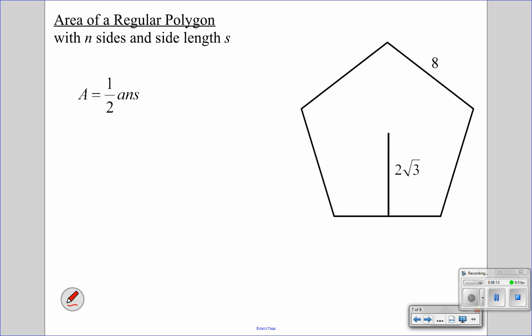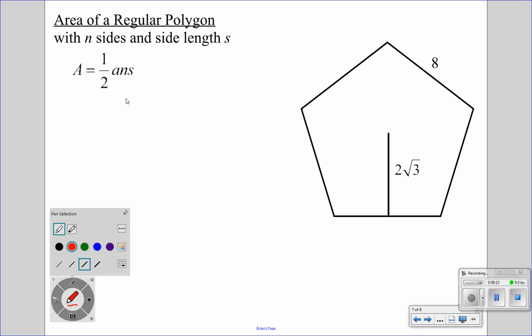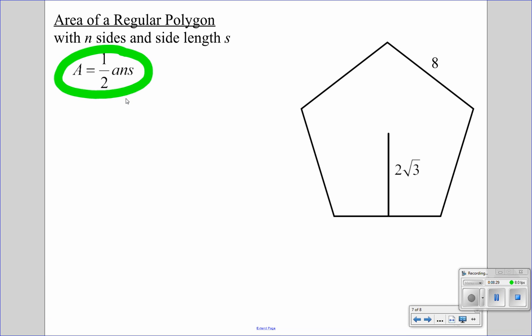All right, our last piece is I'm just going to introduce you to finding the area of a regular polygon. All right, so to find the area of a regular polygon, we are going to use this formula, A equals 1/2 ANS. Let's talk about what each of these letters or variables represent. The large A stands for area. Our little a stands for apothem.